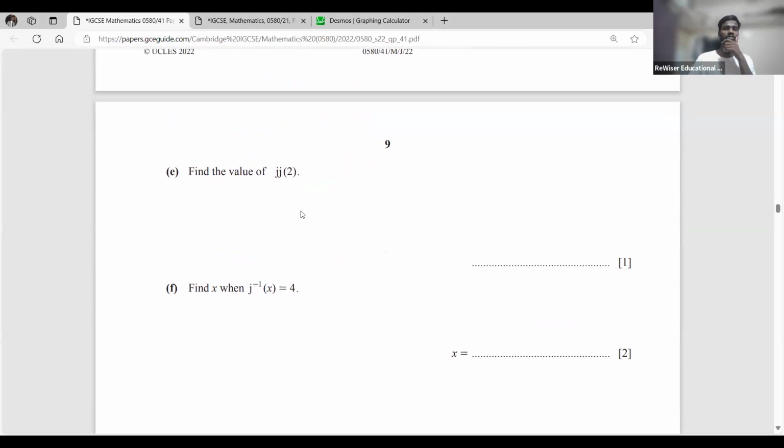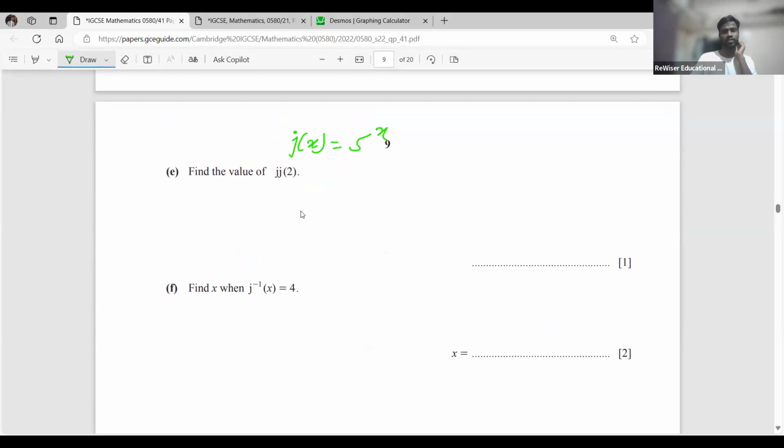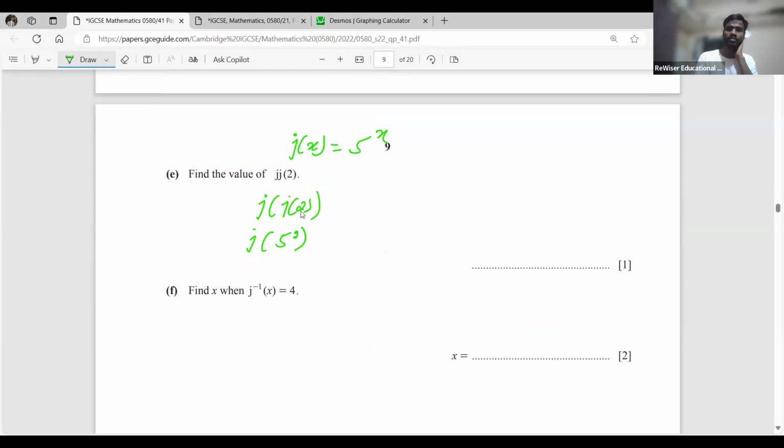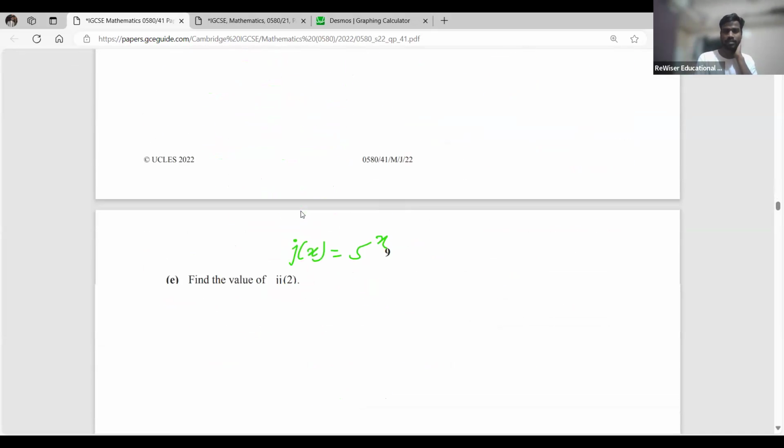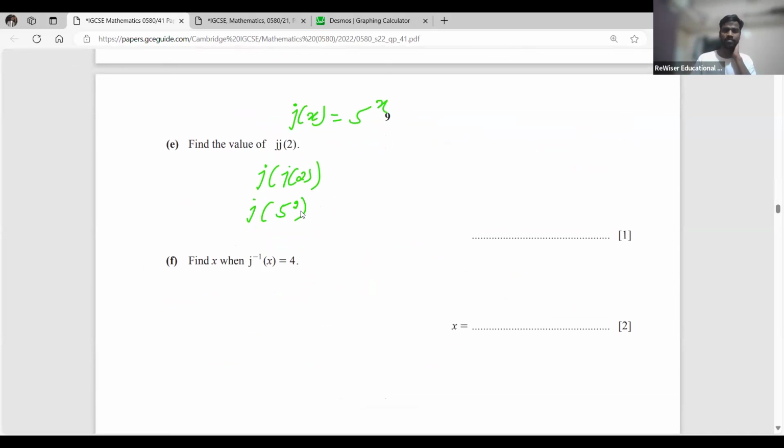And then we need to figure out j of 2. So we know this j of x is nothing but 5 power x. So in that case, the value of j of 2 is going to be 5 squared, which is nothing but 25.